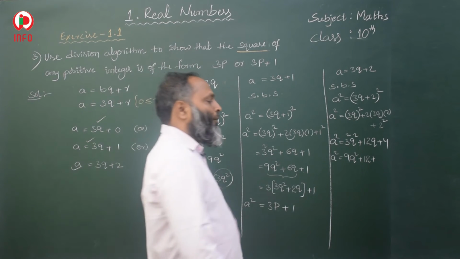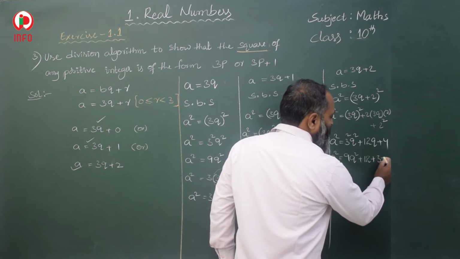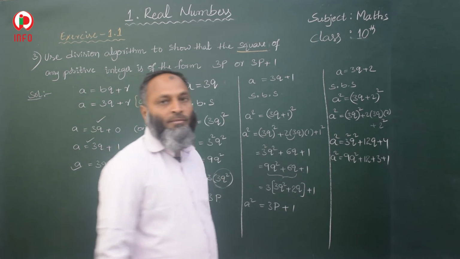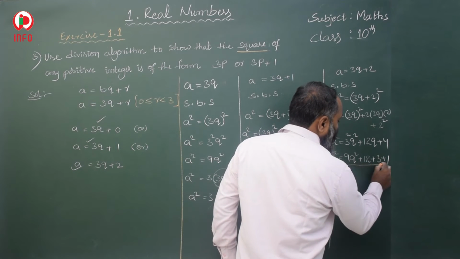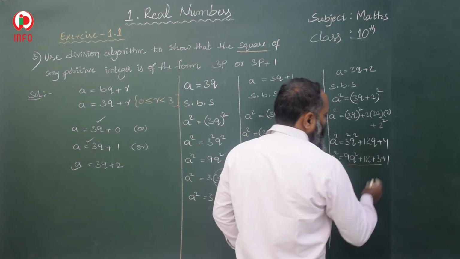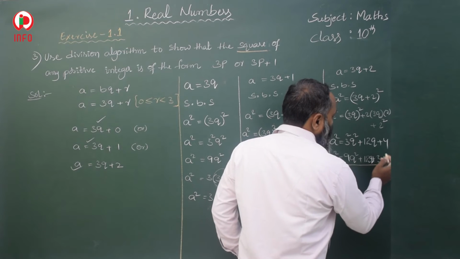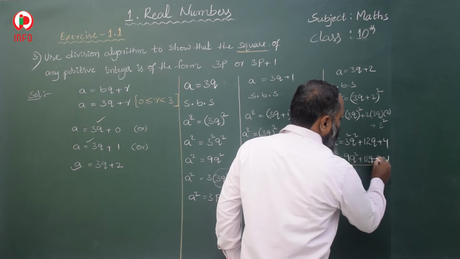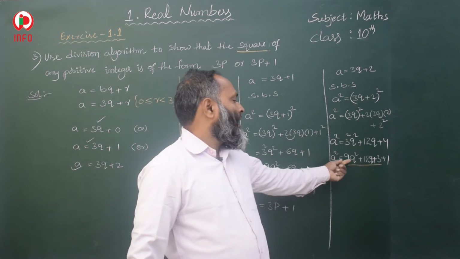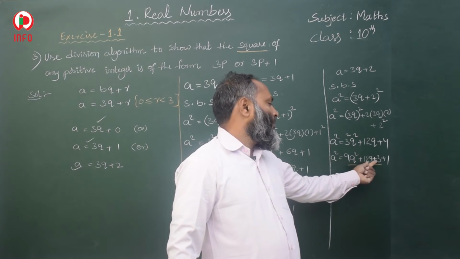We can take 4 as 3 + 1. So 9q² + 12q + 3, and what is common? 3 is common.